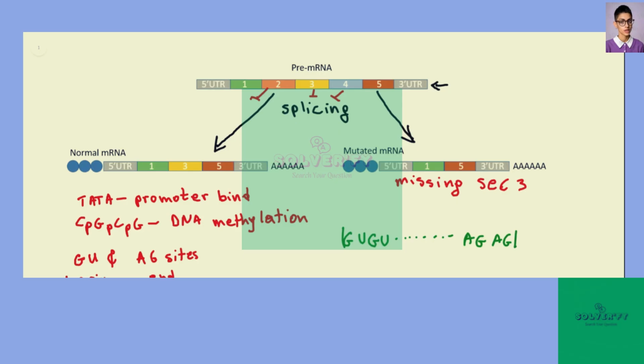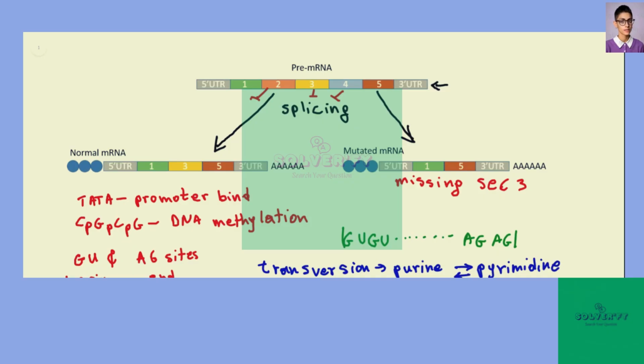Choice B: a transversion mutation in the introns led to alternative splicing, producing a functional protein. Transversion is when you switch from purine to pyrimidine, or vice versa.